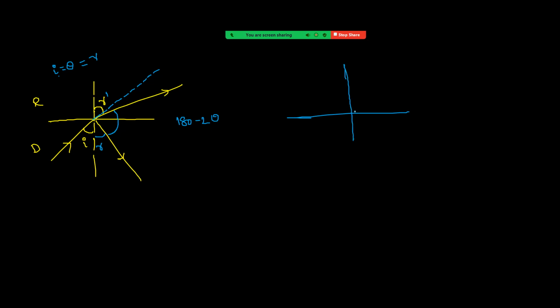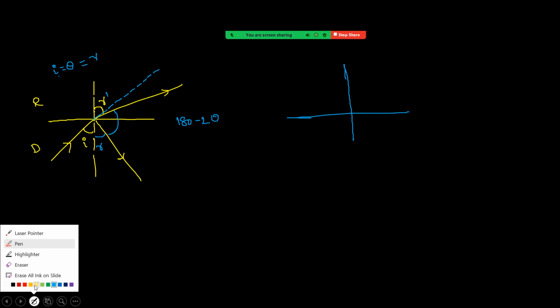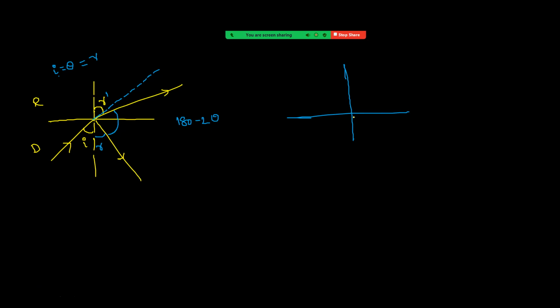See carefully. This is the incident ray. If no change in medium, it is supposed to continue in the same direction. This is theta. Reflection, this also theta.